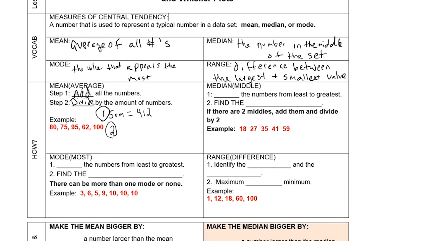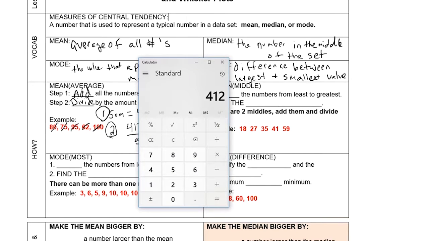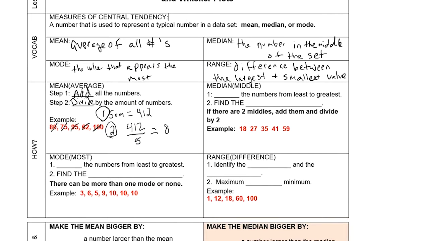And step 2 is to divide by the amount of numbers. So we're going to take 412 and divide by 1, 2, 3, 4, 5 numbers. And that'll be our mean. So 412 divided by 5, we get 82.4. And this one we don't have to round because it's a nice number. So we just get 82.4. That's how we find the mean.